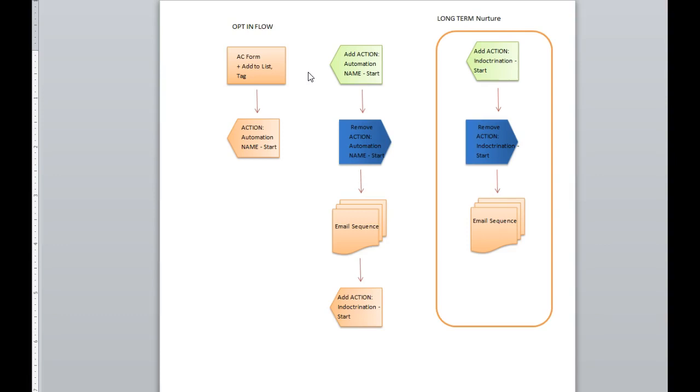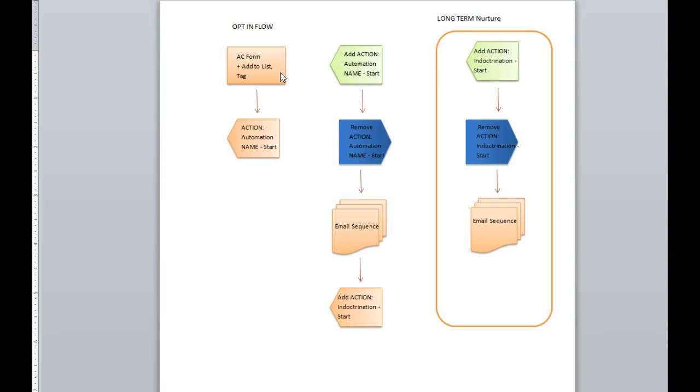Now the only highlight in this video is for you to have an action tag. An action tag would be a tag to trigger the start of automations. So let's say for example you have a lead magnet, and your lead magnet would be for an FB ads checklist.